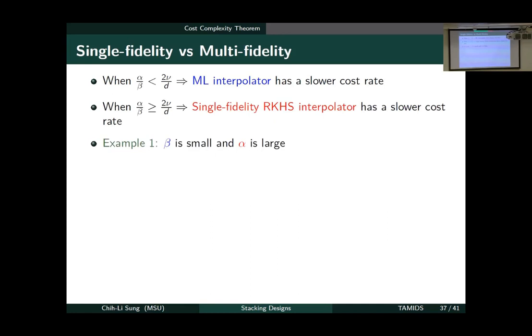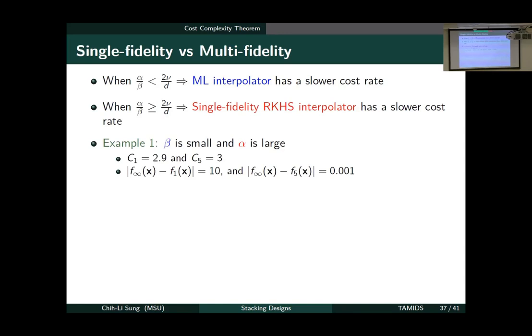So when beta is small, that means the cost increases very, very slowly. Alpha is large, that means the simulation error decreases very, very fast. Suppose I have 5 levels of simulations. C1, the cost, is almost equivalent to the very high fidelity simulation, 2.9 and 3.